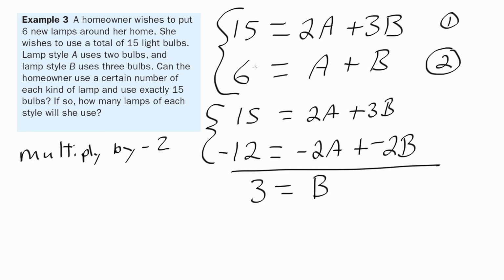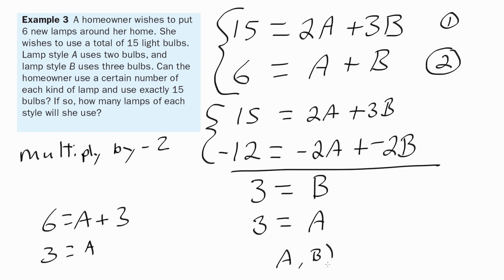I did a little hand waving there. Sorry. 6 equals A plus 3. Subtract 3 from both sides. So 3 equals A, right? So my answer for A, B is 3, 3.